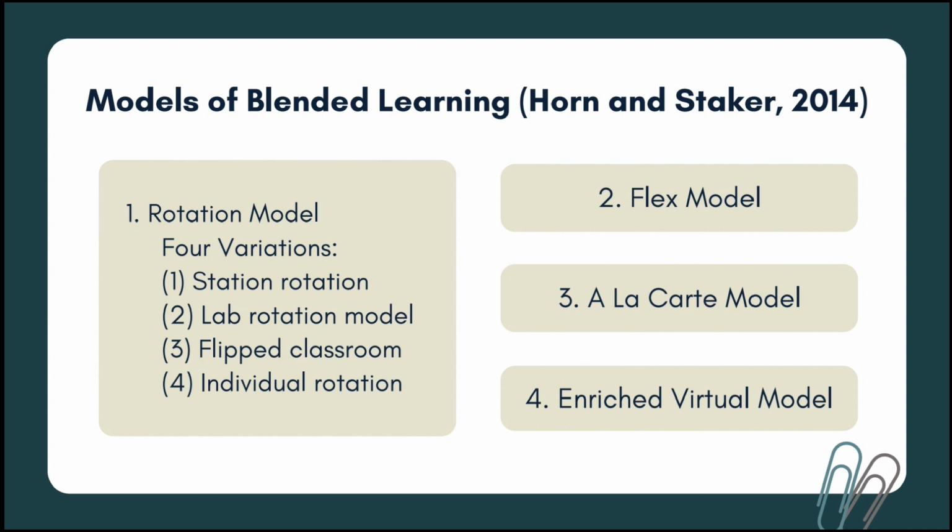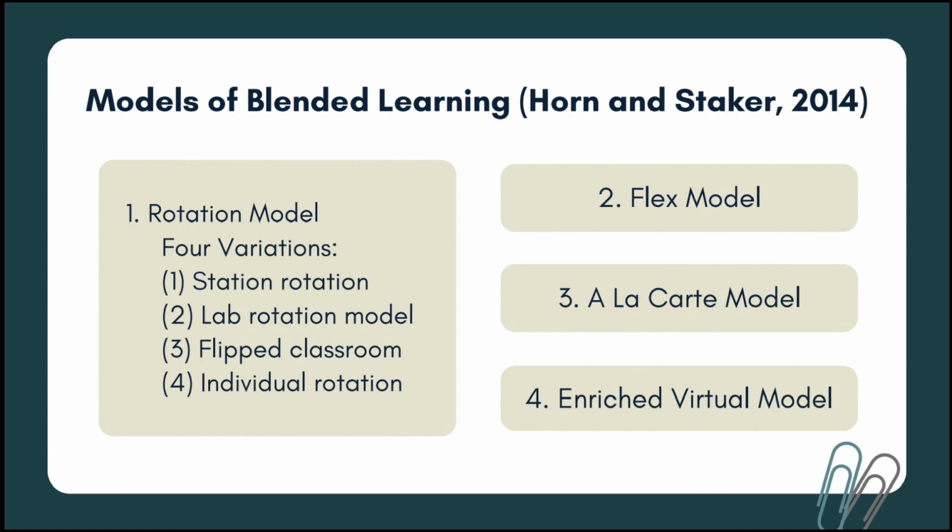Station rotation is a model in which students apply rotation model but within a classroom or group of classrooms which serve as the stations. Lab rotation is a variation in which students go to the computer lab for their online learning schedules during rotations. Flipped classroom, as the name suggests, is a variation of rotation model where instruction and homework is swapped.